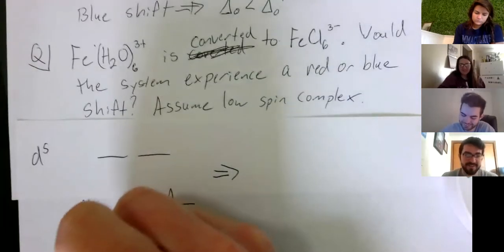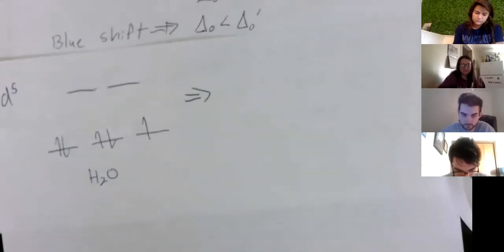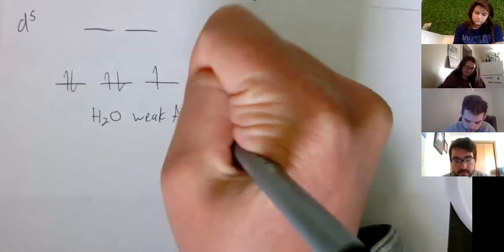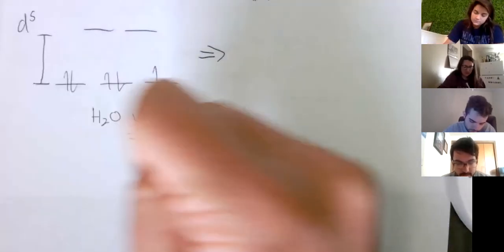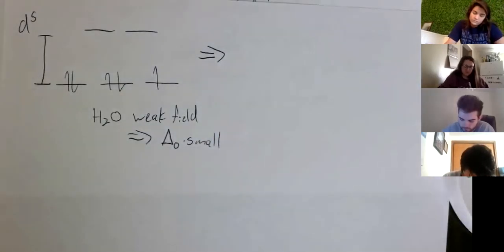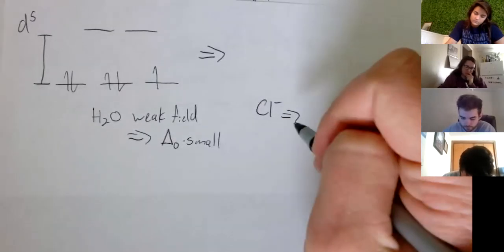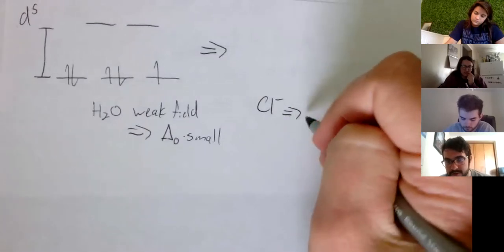Okay, now we have H2O. Is that a weak field or a strong field ligand? Weak. Okay, so what does that mean about delta O? That means it's small delta O. Okay, then we're moving to a system where we got Cl minus. Is that a weak field or a strong field? Isn't that weaker?